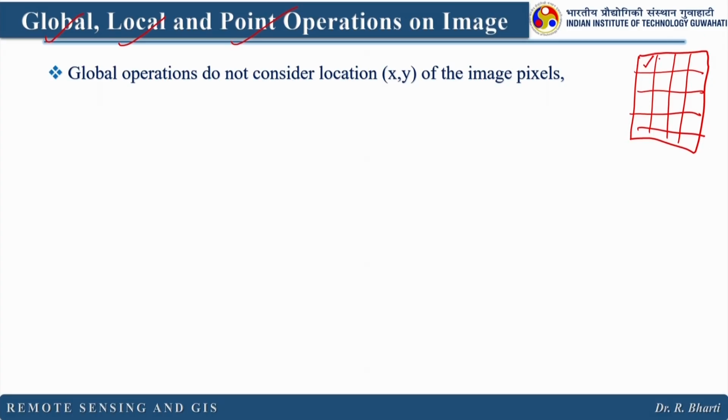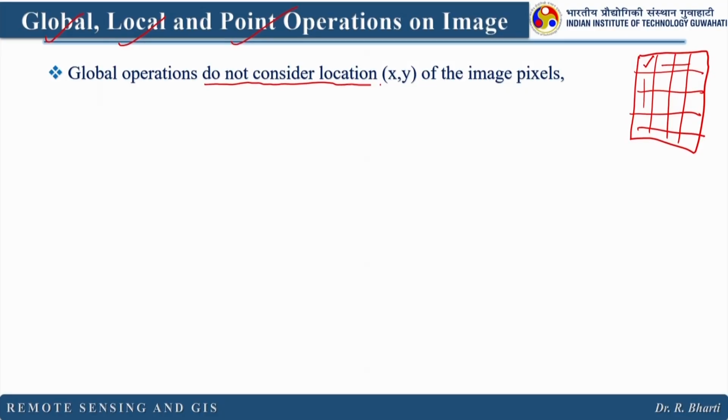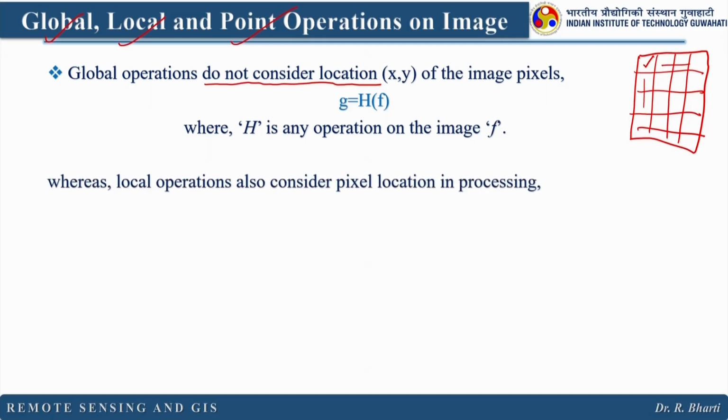If we start some algorithm here and then move, we will add +1 in this direction, right? But if you are applying the same logic for the whole image, then we do not consider location, right? So here G is equal to H of F.